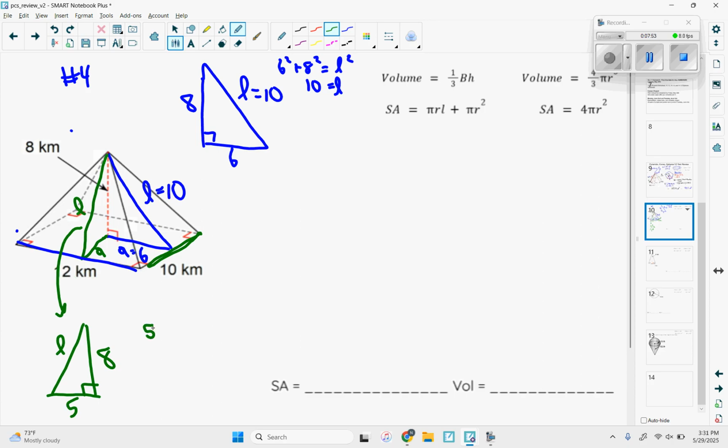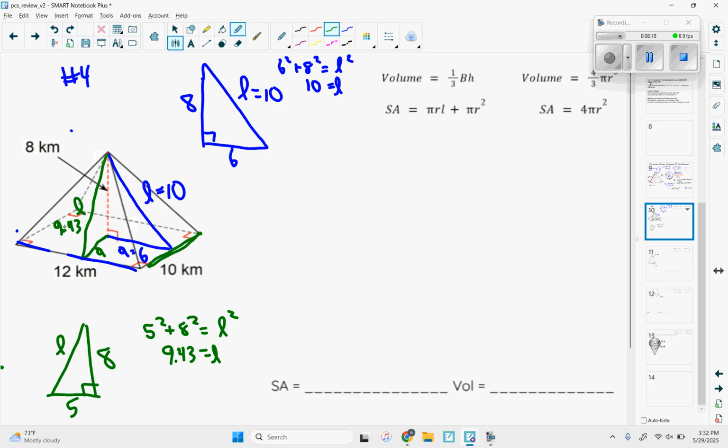Pythagorean theorem again, 5 squared plus 8 squared equals slant height squared. Solve for your slant height L, and we get approximately 9.43. So this slant height, 9.43.